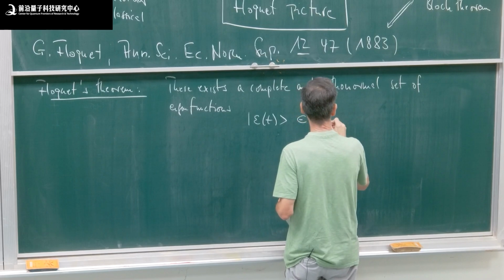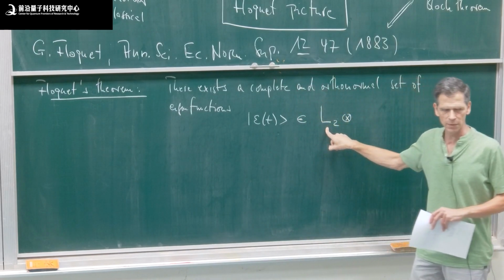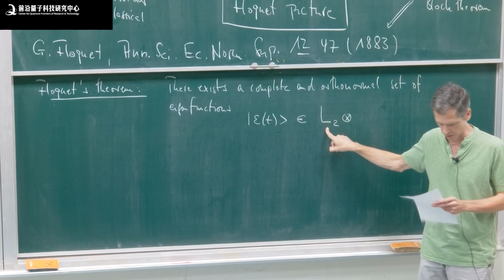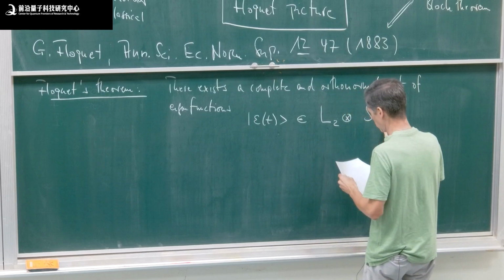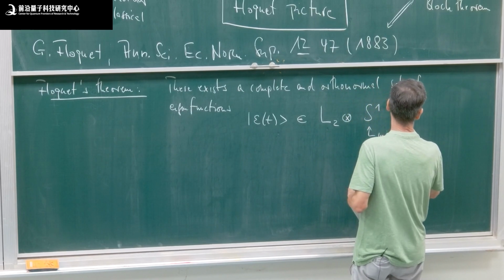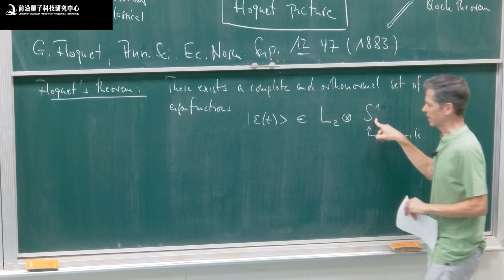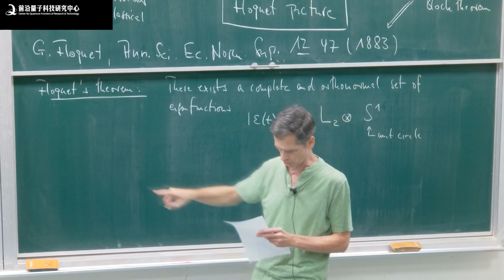They live in a tensor product of L2, the space of square integrable functions, tensored with the unit circle, which represents the time periodic functions, with period capital T.